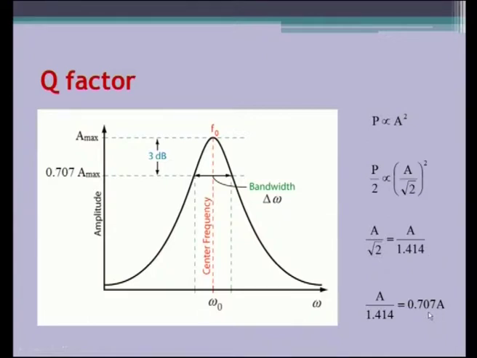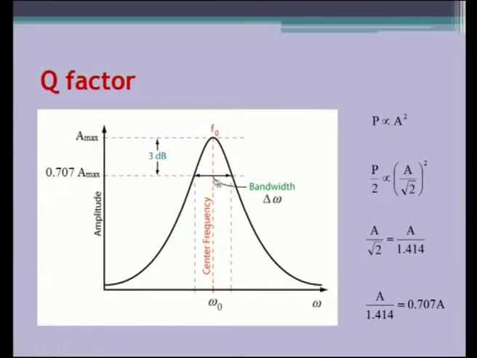So, in general the half power gain when it comes in the form of amplitude has to be taken at a point where the maximum amplitude is multiplied with 0.707 value. It is called half power maximum again, but we have to multiply it with the value 0.707, or in simple terms A divided by root 2.